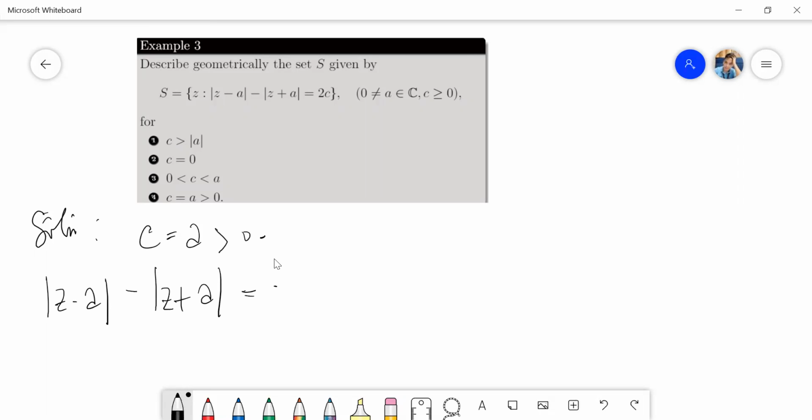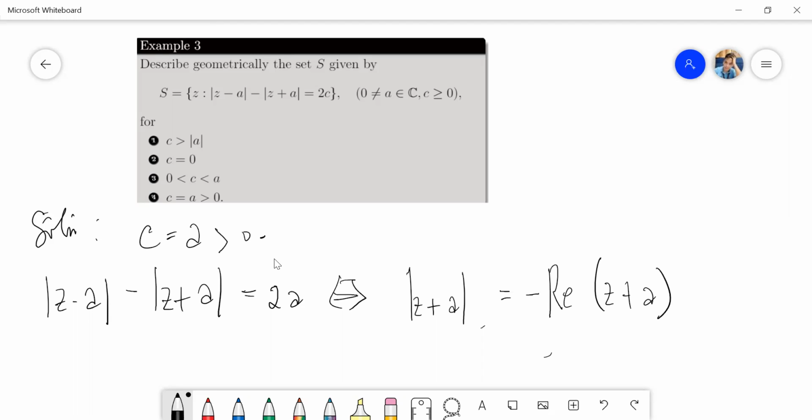Since a is equal to c, I'd rather write 2a here. So this implies the modulo of z plus a equals, if I transfer this to the other side and multiply both sides by -1, the negative real image of z plus a.